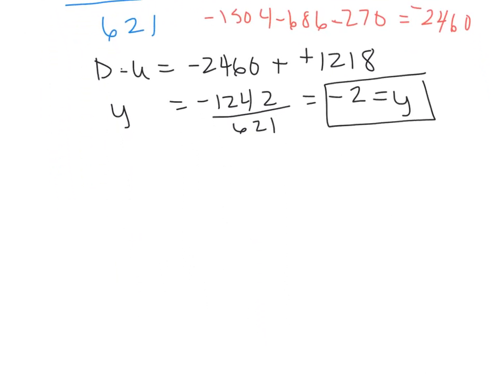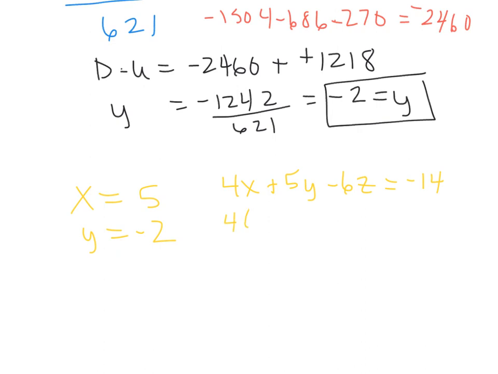So we know x is 5, and y is -2. I'm going to pick the first equation, 4x plus 5y minus 6z equals -14. So let's plug it in.